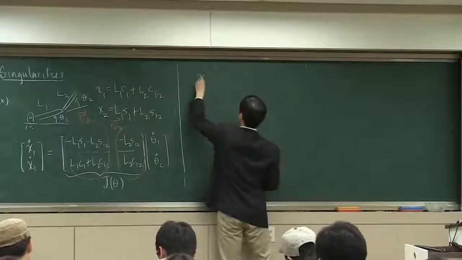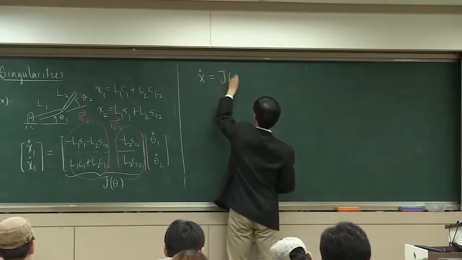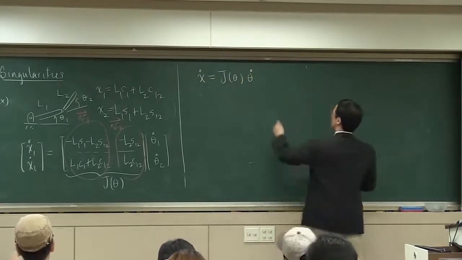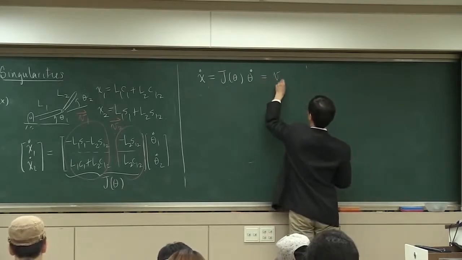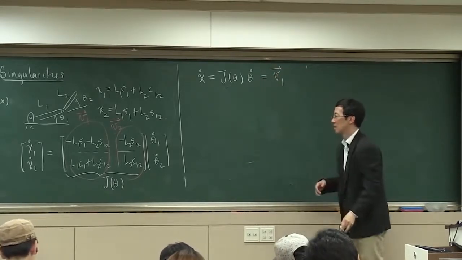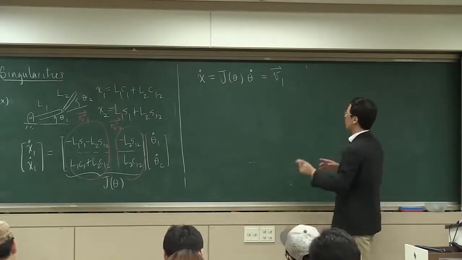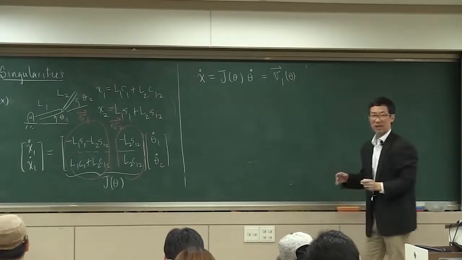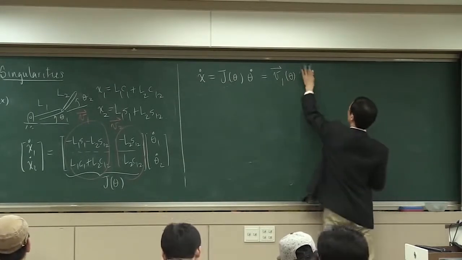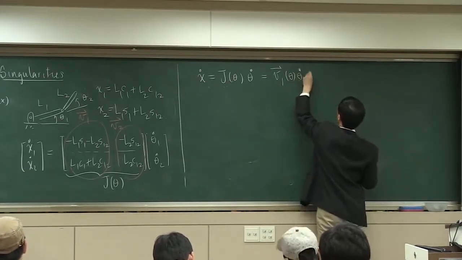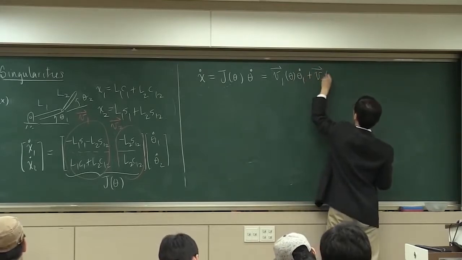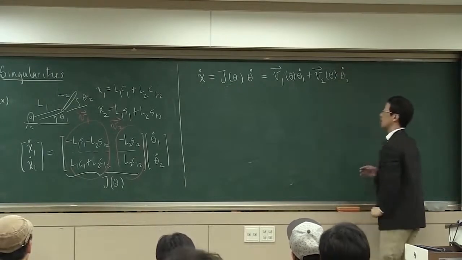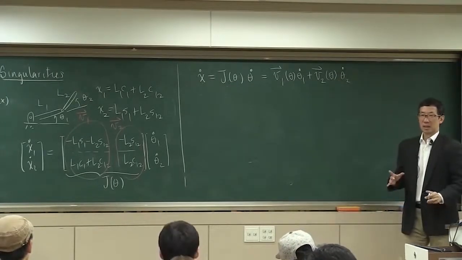So x dot is now J sub theta times theta dot, which can further be written as v1. Now v1 depends on theta, so let's remind ourselves of that fact by writing it this way, times theta 1 dot plus v2, again a function of theta, times theta 2 dot.